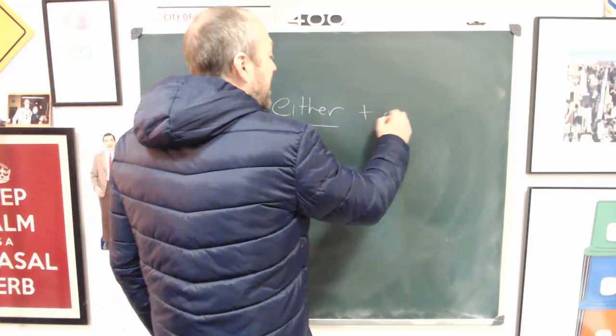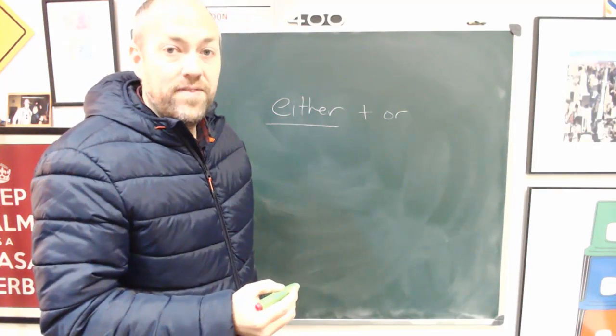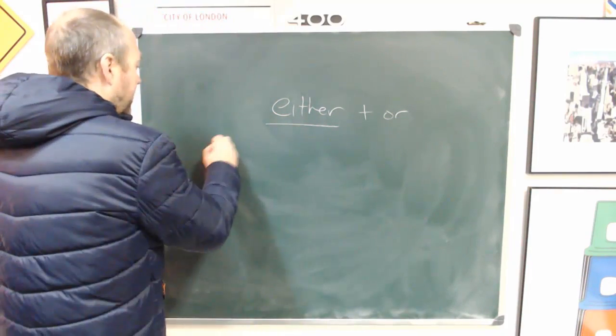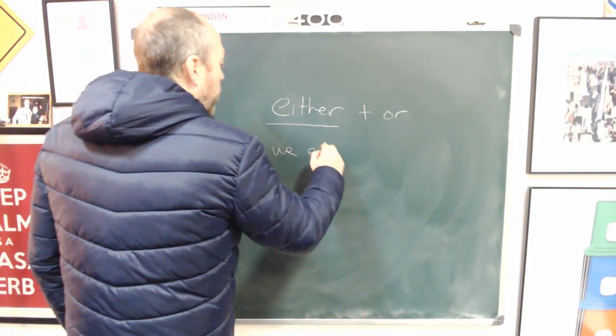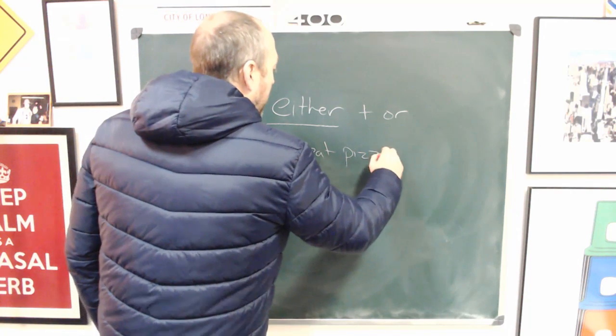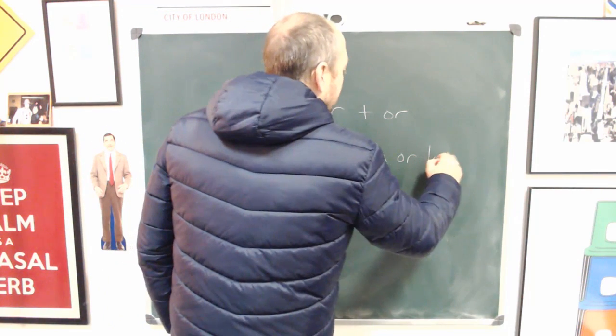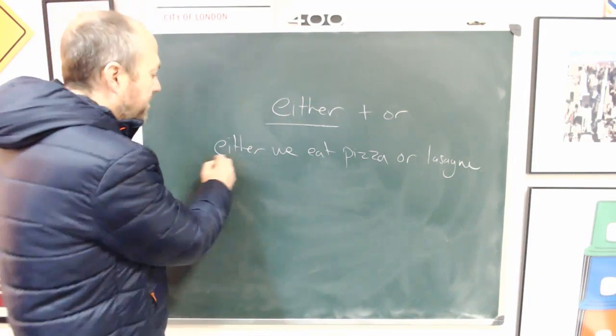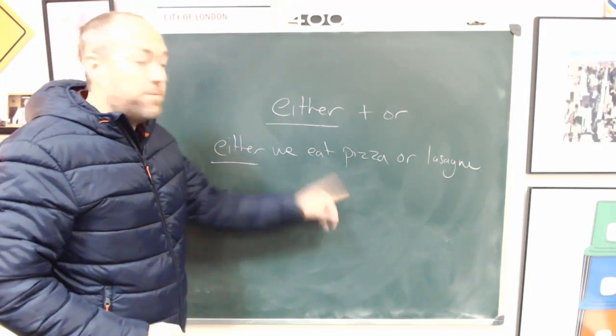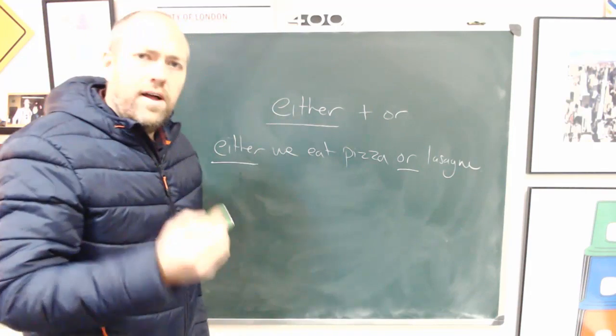So we can say either plus or. For example, either we eat pizza or lasagna. Either we eat pizza or lasagna.